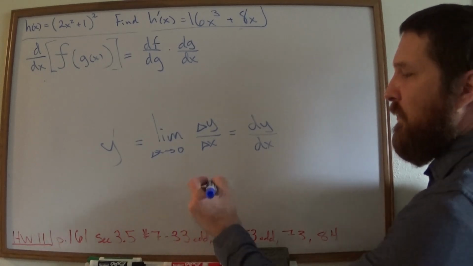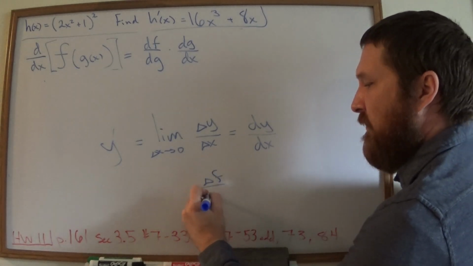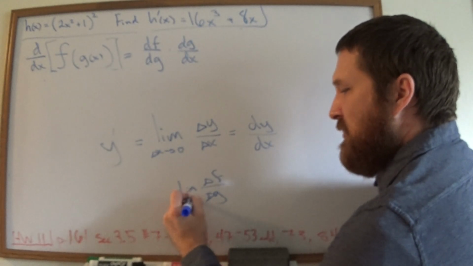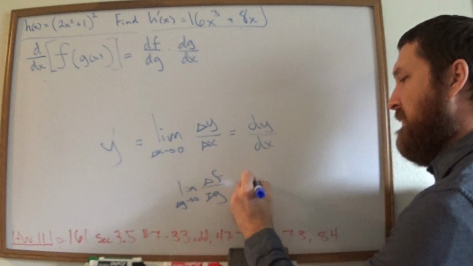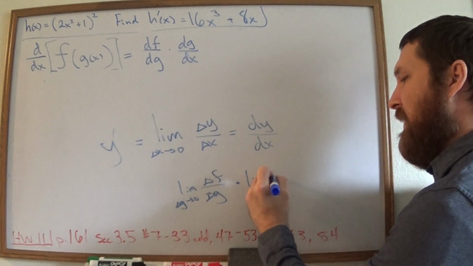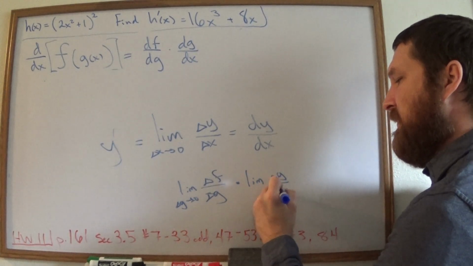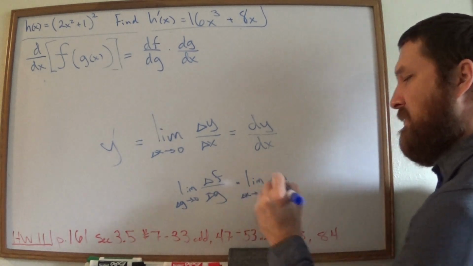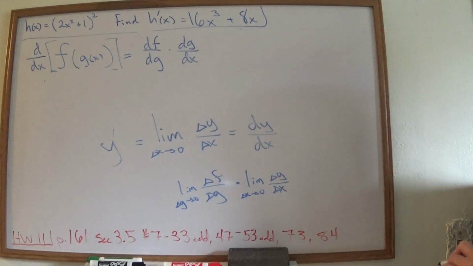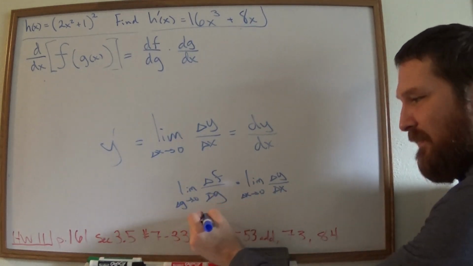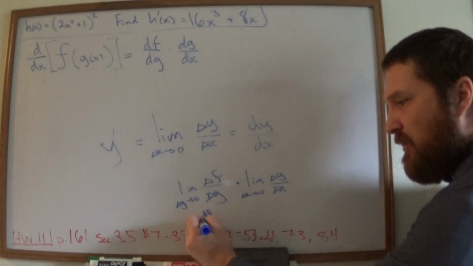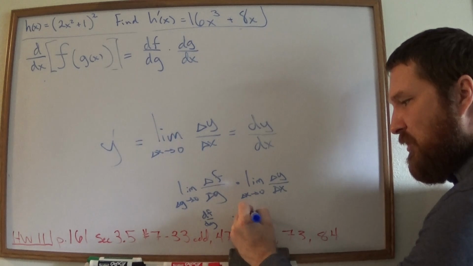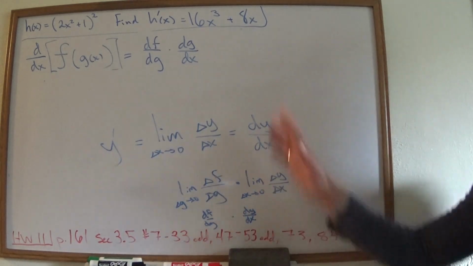Okay, so we had the change in f over the change in g, and we took the limit as the change in g went to 0. And we were multiplying that by the limit of delta g over delta x, the limit as delta x goes to 0. And the way we write that is df dg times dg dx. So that's all that means.